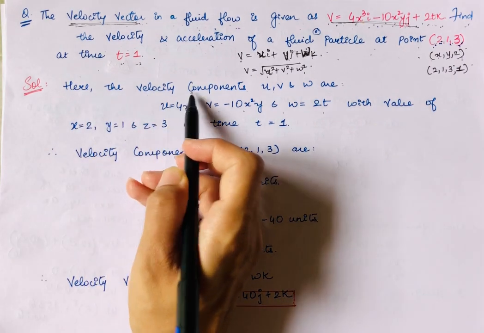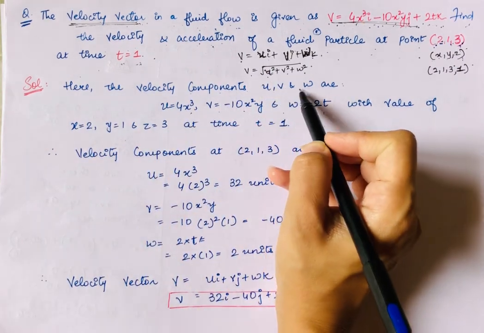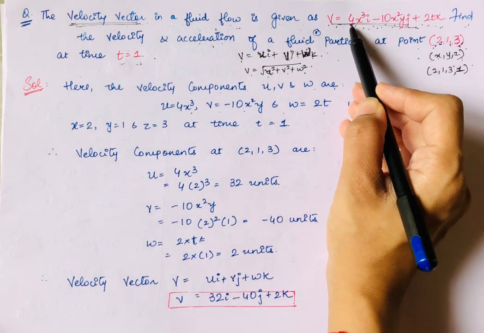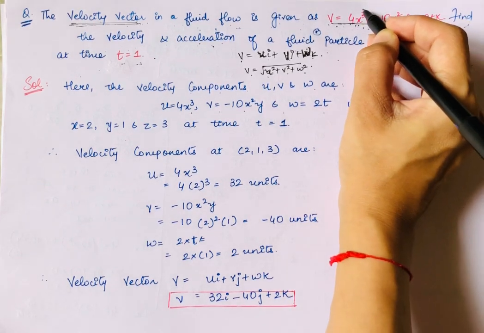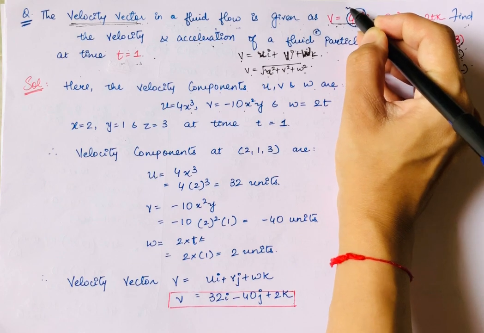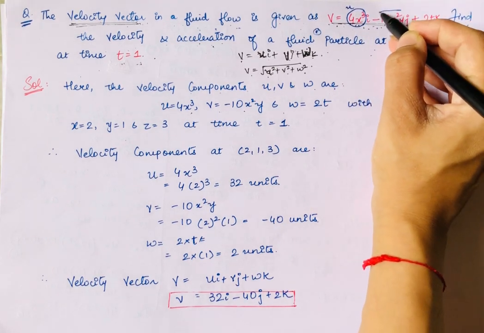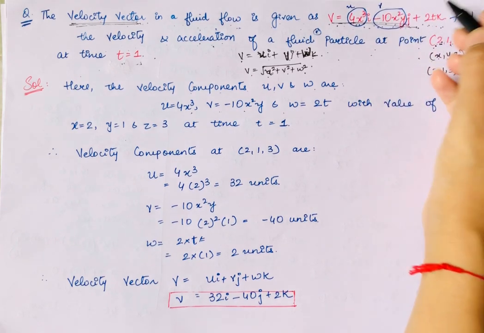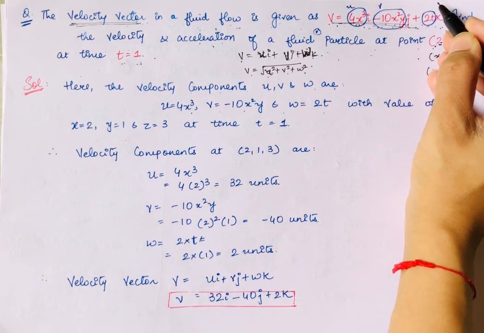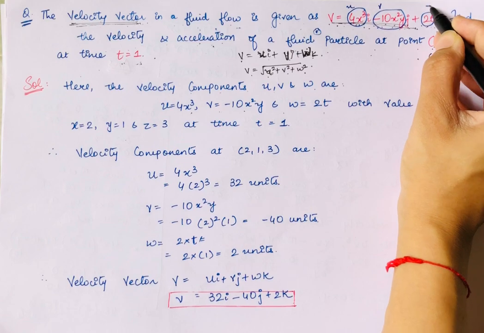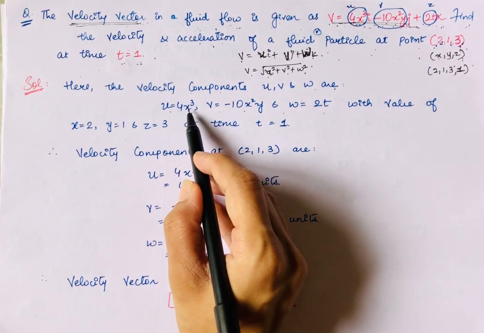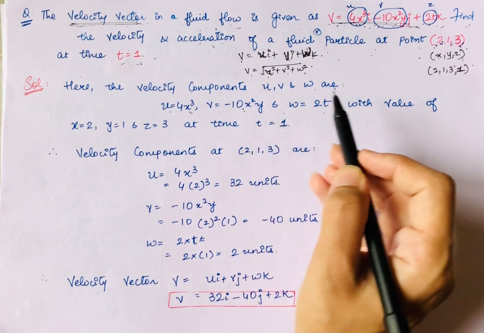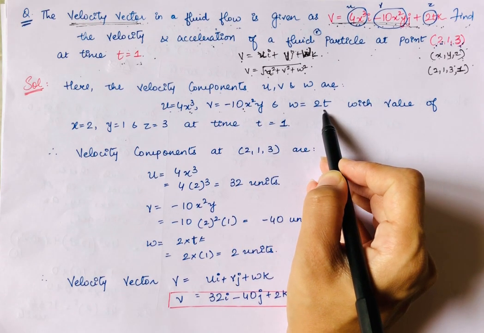So here the velocity components u, v and w are, from this equation, u = 4x³, this is u; v = −10x²y, this is v; and w = 2t, this is the z component.